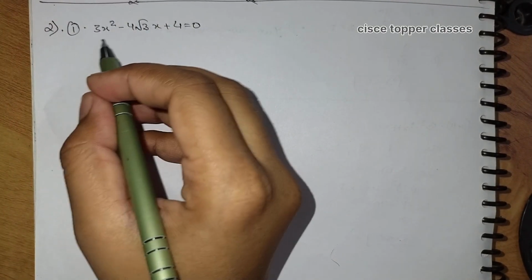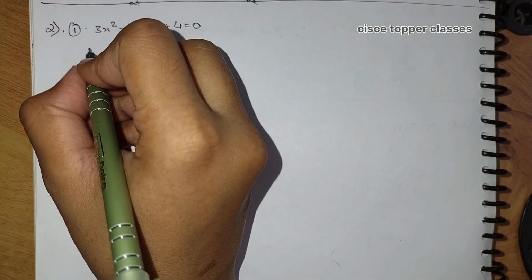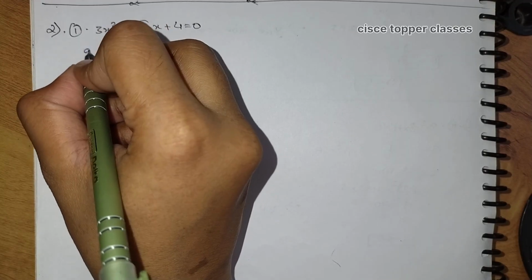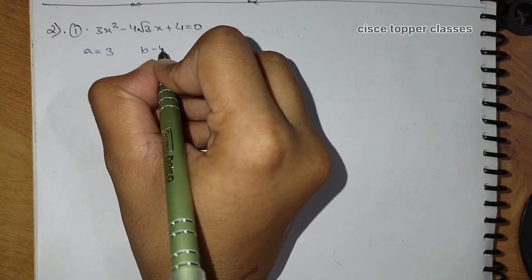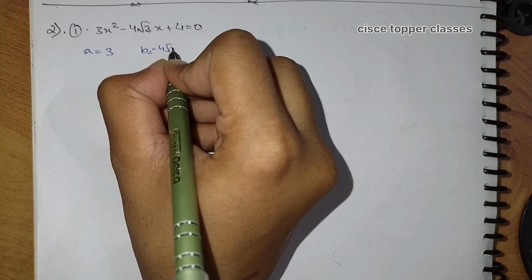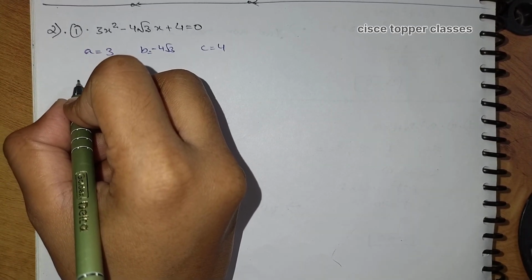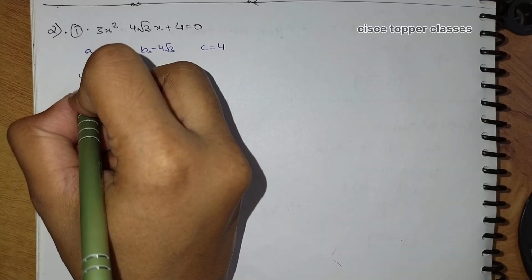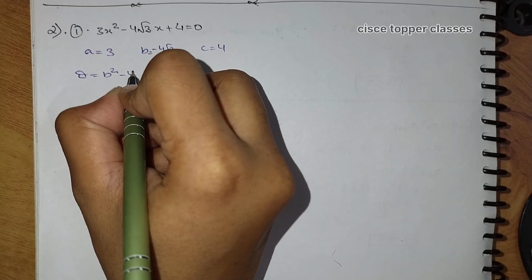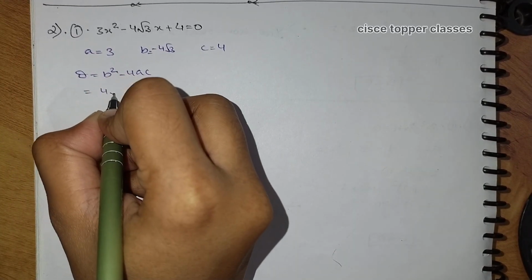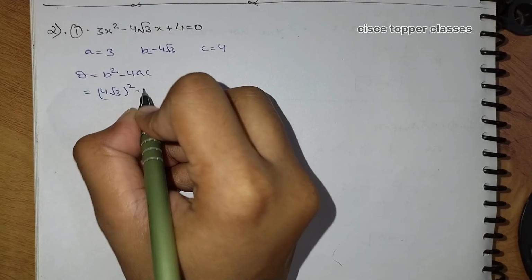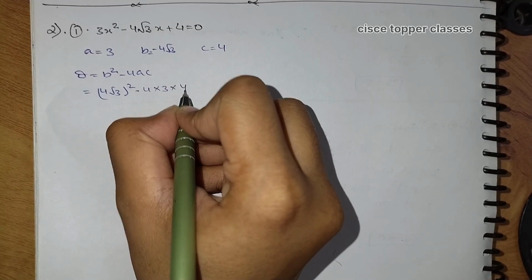Let us solve question number 2 first part. We have to find the nature of the roots. Here a is 3, b is minus 4 under root 3 and c is 4. So d is b square minus 4ac, which is 4 under root 3 whole square minus 4 into 3 into 4.